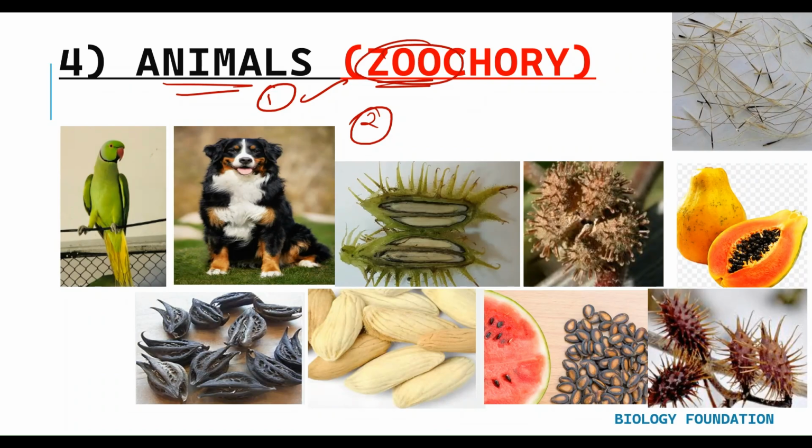Now when you are throwing them, even that is a chance where they get dispersed to various regions. And if there are favorable conditions, then the seeds can germinate and grow into a plantlet. That's how we can basically disperse the seeds of mango, watermelon, or papaya.